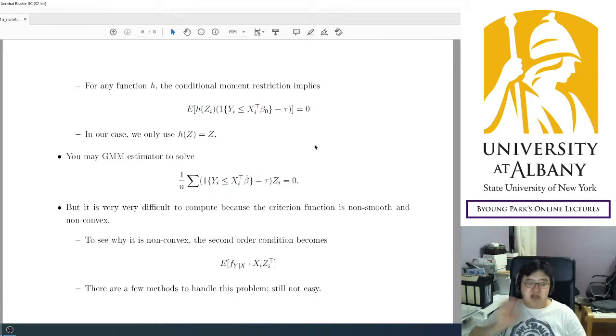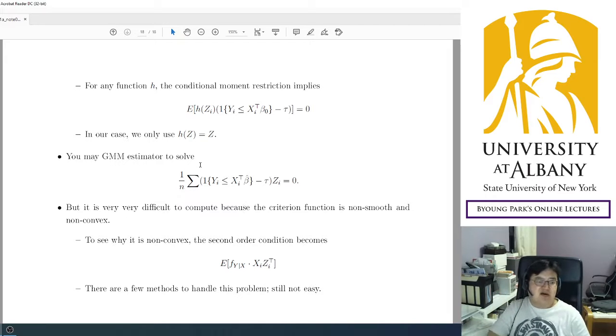So there are many different estimators to obtain beta using some clever tricks, and I'm not going to introduce them now, but what's important here is that you need to understand it is not easy.